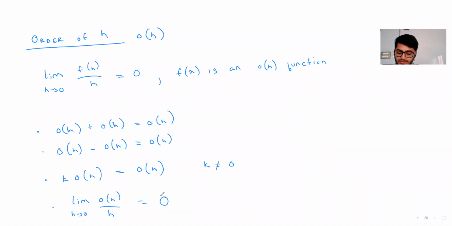That's how we basically define an OH function, that limit OH by H, H tending to 0 is nothing but 0. So now let's say for example, I take a function f(x) is equal to 3x square plus 6. So now f(h) will be nothing but 3h square plus 6.